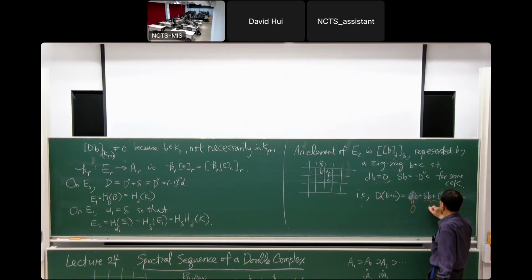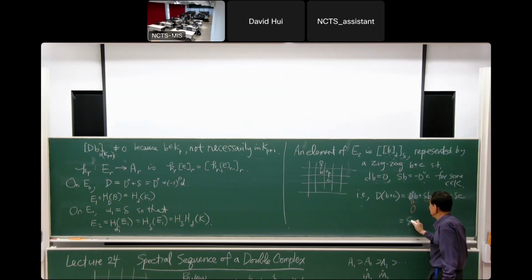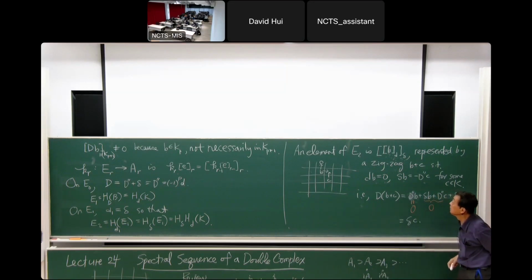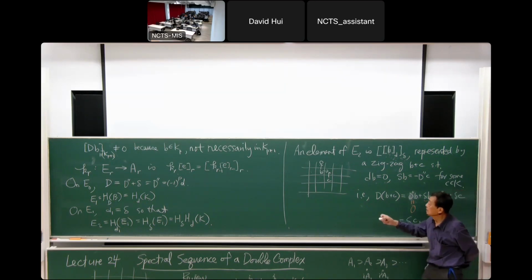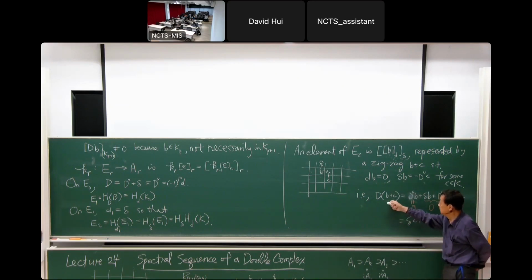This is 0 because delta B is minus D double prime C. And so you are left with just delta C. So that's what an element of E2 looks like. It's represented by a zigzag so that big D of that zigzag is delta C.